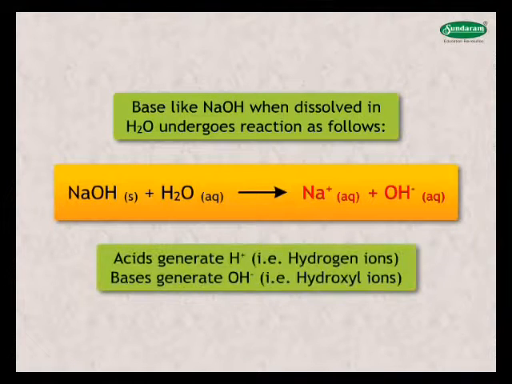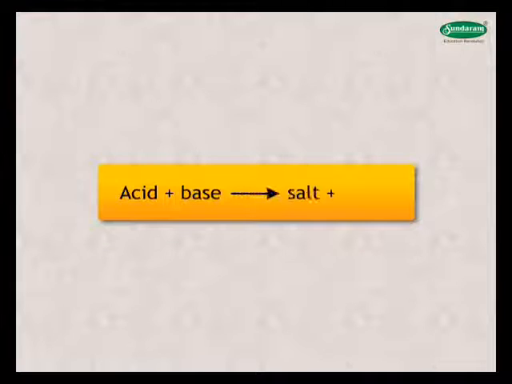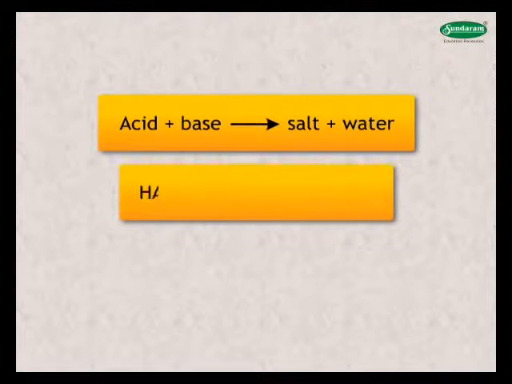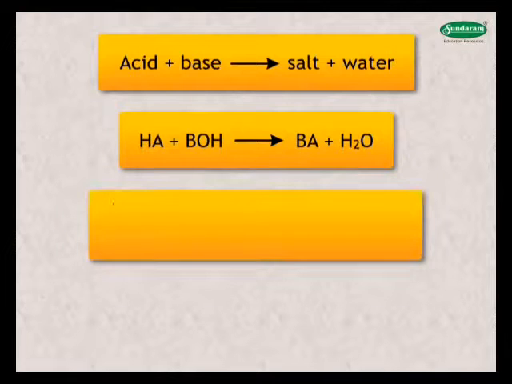You have learnt that acids generate H+, that is, hydrogen ions, and bases generate OH-, that is, hydroxyl ions in aqueous medium. Therefore, the perfect reaction for neutralization can be viewed as acid plus base gives salt plus water. HA plus BOH gives BA plus H2O.